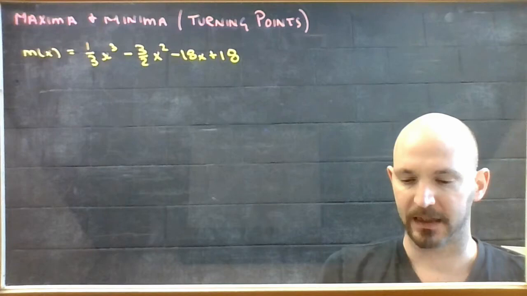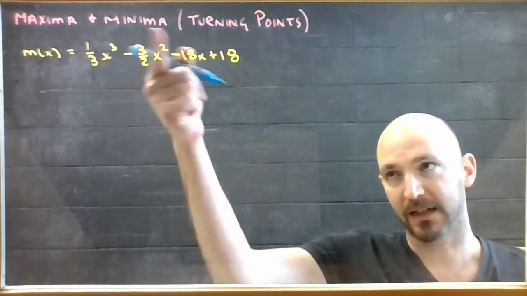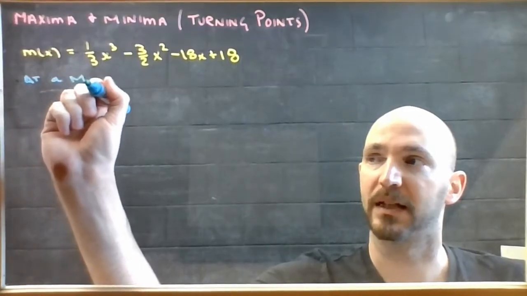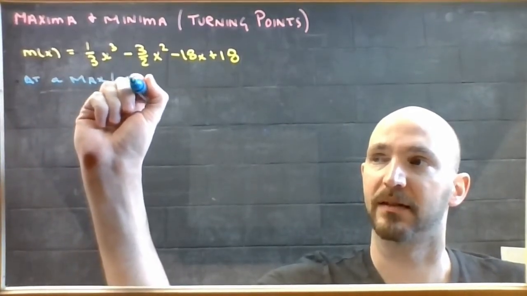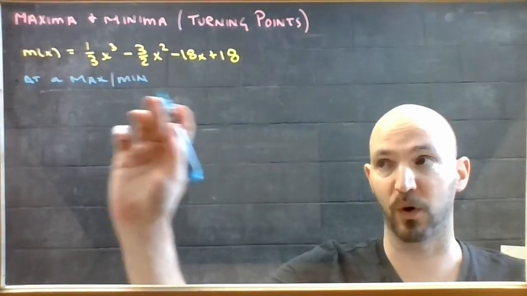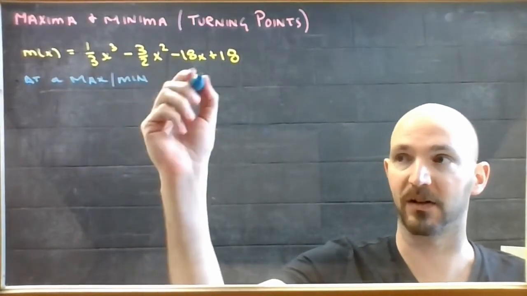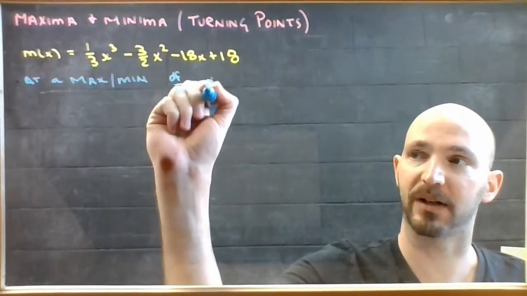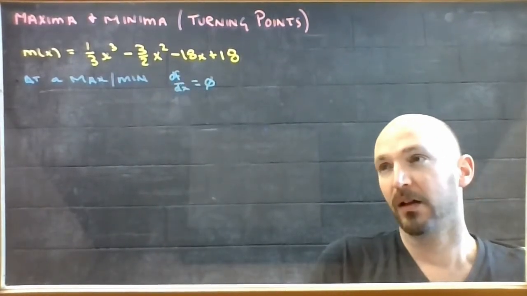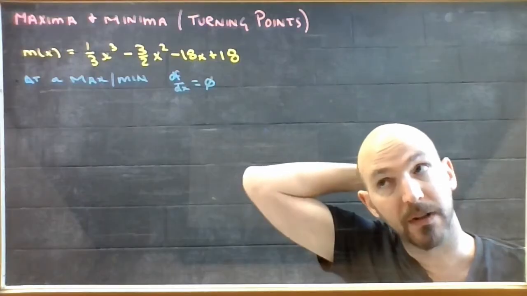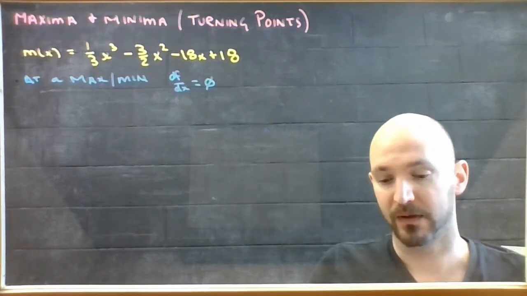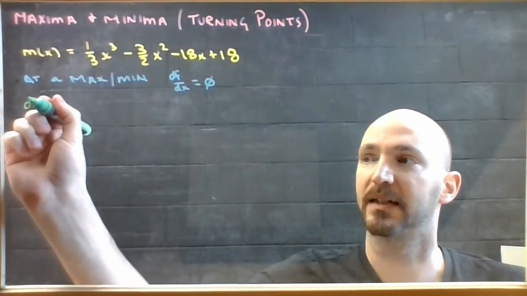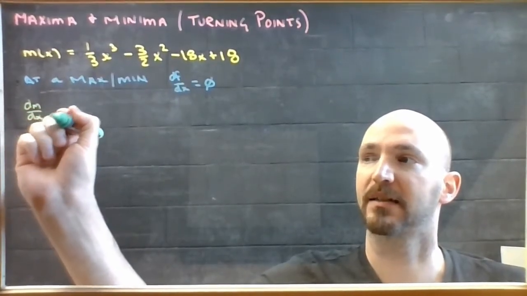So the idea is that at a max or min, max slash min slash saddle, whatever words you need to put in there to get this idea across, the derivative of this thing is equal to 0. So I'm going to have to take the derivative of this cubic first. This thing is m, so I'll be finding dm by dx.